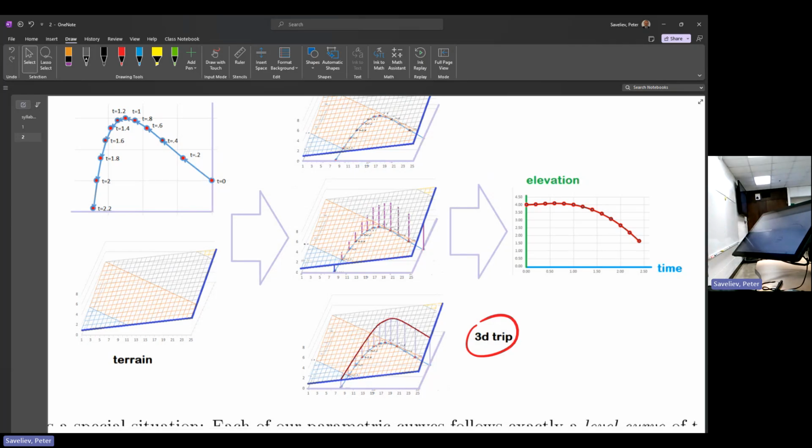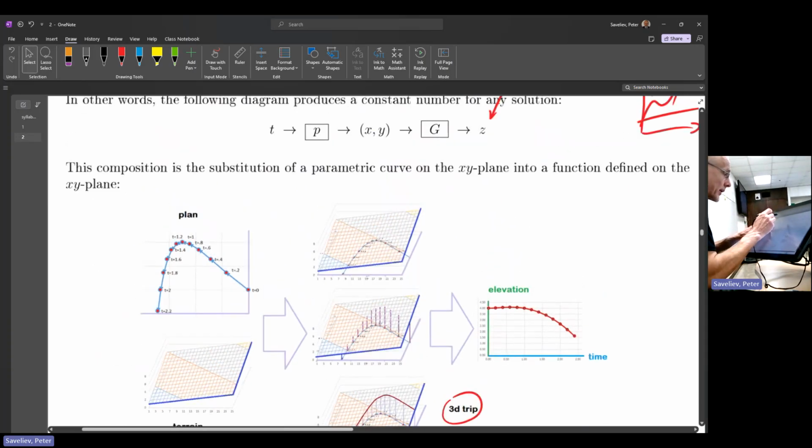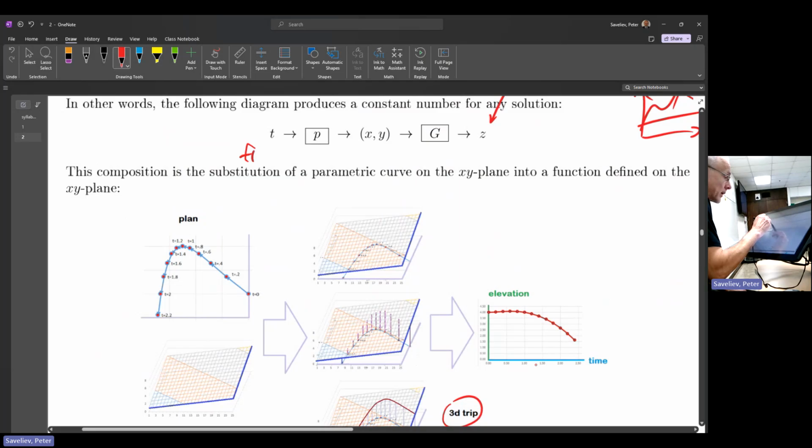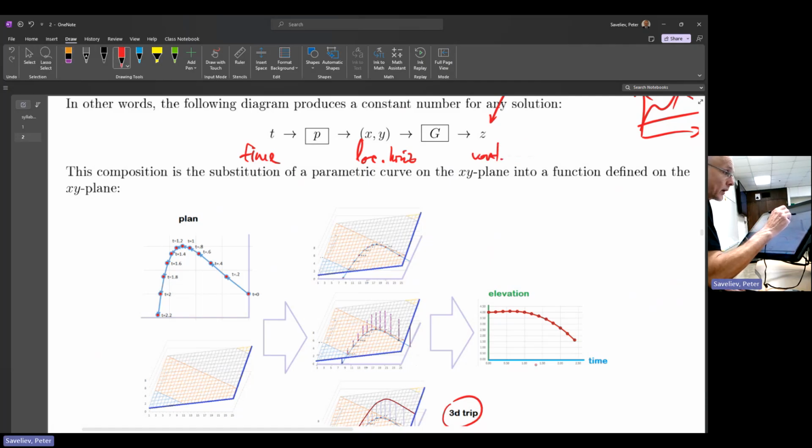The dependency is from time to elevation. So the composition is once again as it has come up here. Time here, horizontal location, and this is vertical location, in other words, elevation.